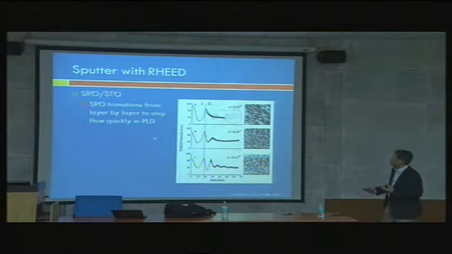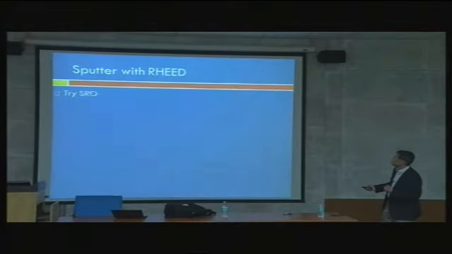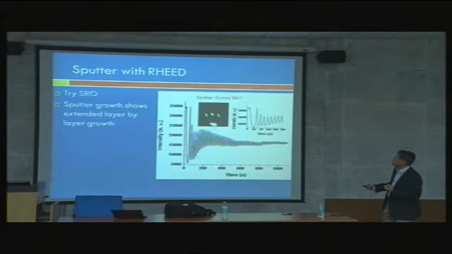Okay, so this one is strontium ruthenate, and we actually see very similar behavior. I'll talk about this later because I haven't covered this one yet. But you can transition from layer by layer growth to step flow growth, and you have seen the same thing in strontium ruthenate. But in the strontium ruthenate sputter case, we do not see step flow growth all the way.